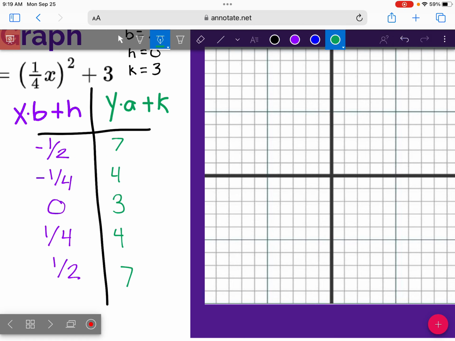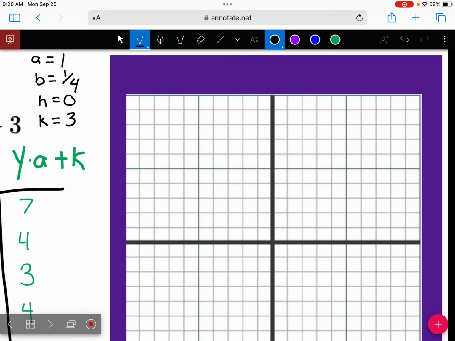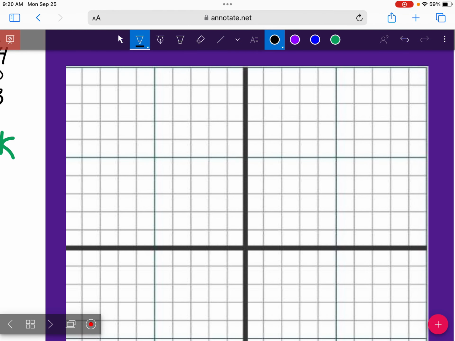Plot our points, and we'll see what this horizontal compression looks like. So we have negative 1/2, 7, which is right there. Negative 1/4, 4. 0, 3. 1/4, 4.